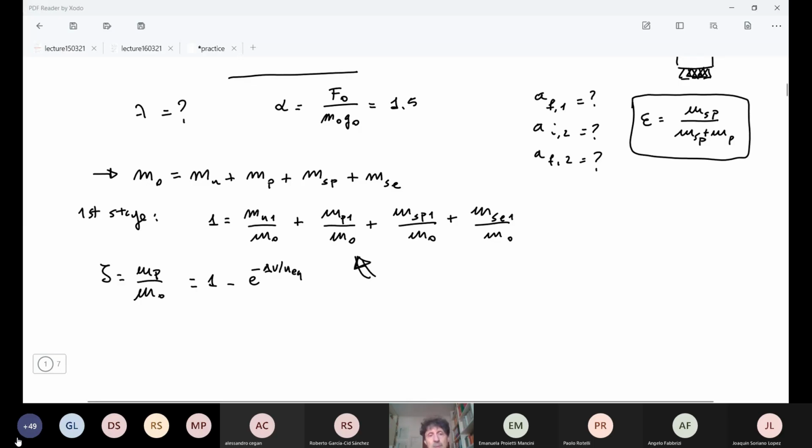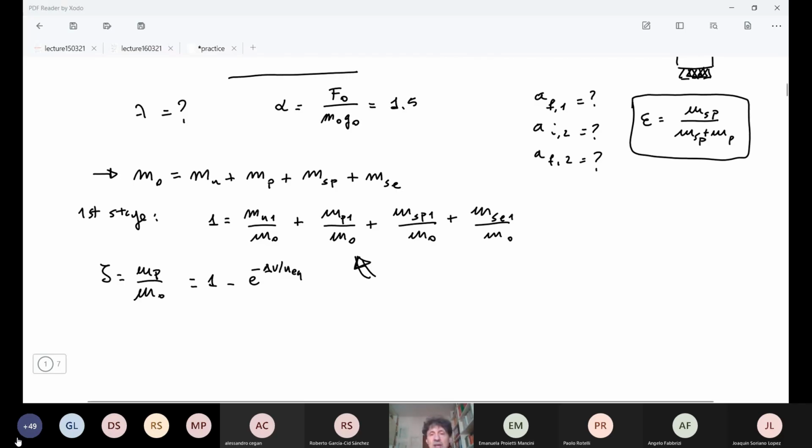This is part of our unknown. Of course, at this moment it is the relation giving us the mass of the second stage.